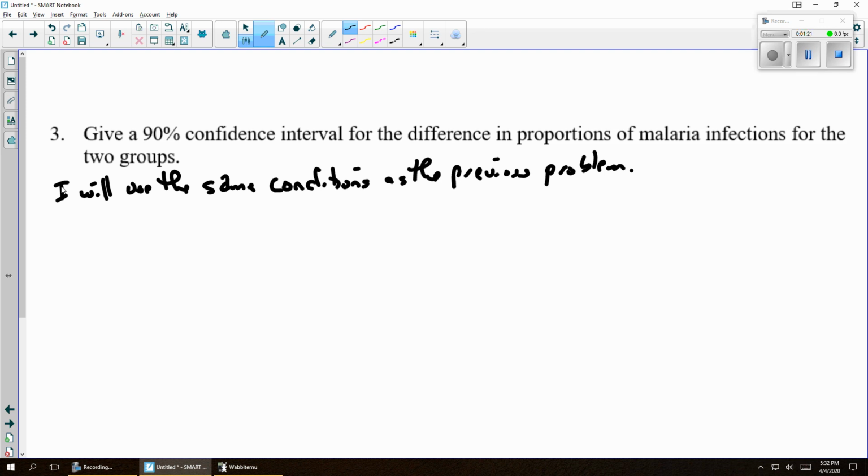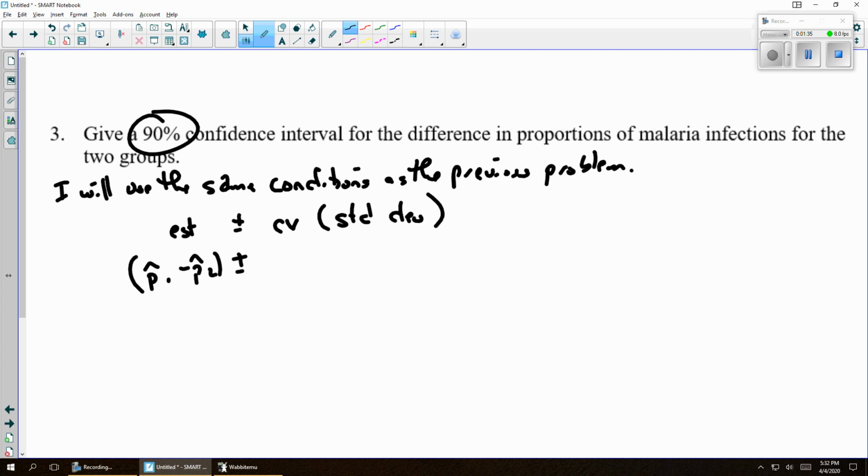Now, to find a confidence interval, again, it's that typical formula, the estimate plus or minus a critical value times the standard deviation of the estimate. And so now my estimate is p hat 1 minus p hat 2 plus or minus a critical value. Now I've got a 90% interval, and on my 90% interval, that's going to be a critical value of, oh, sorry, I should do it in symbols first. Z star, it's going to be 1.645.